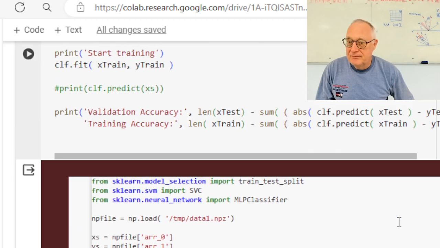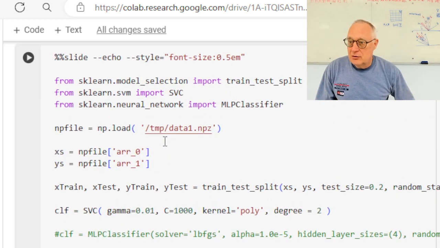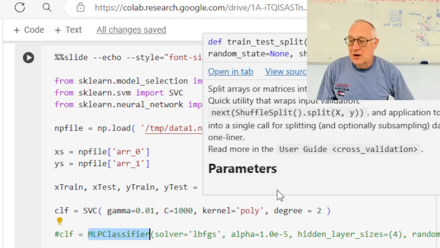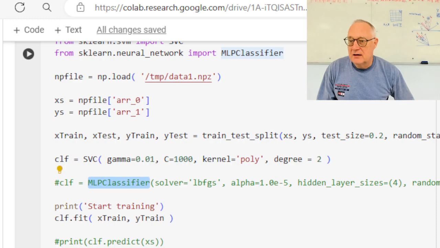But that's because we don't have enough pictures, simply. So taking off one person right now is too much. You can also just simply change to a neural network classifier with different parameters, and you can try that.